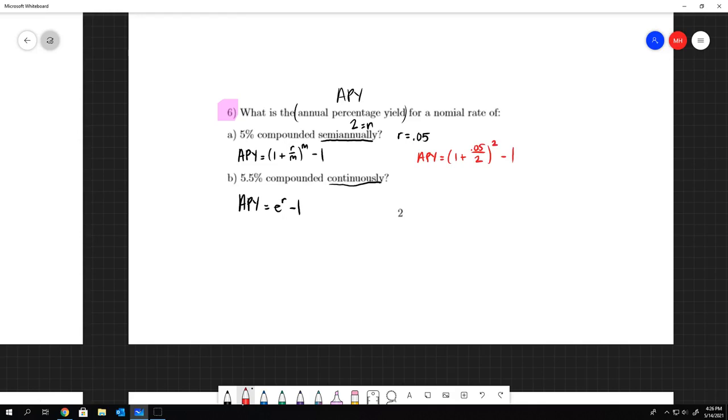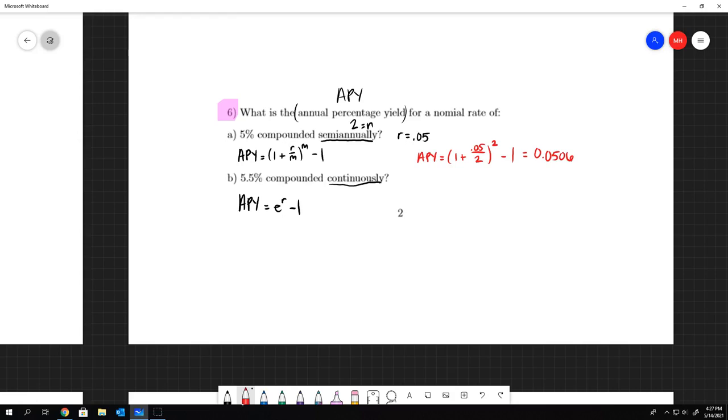And I can type that into my handy little calculator. So 1 plus 0.05 divided by 2 raised to the 2 minus 1. And this is equal to 0.0506, so round to 10 thousandths, 4 decimal places.